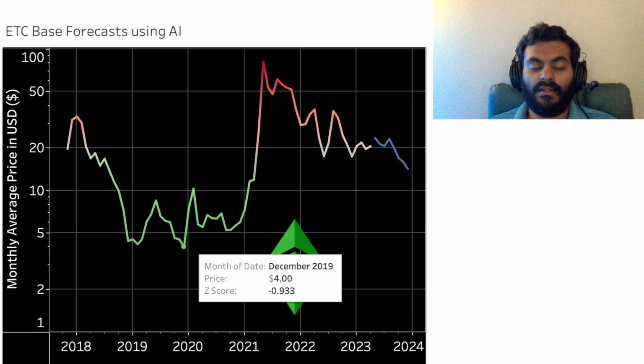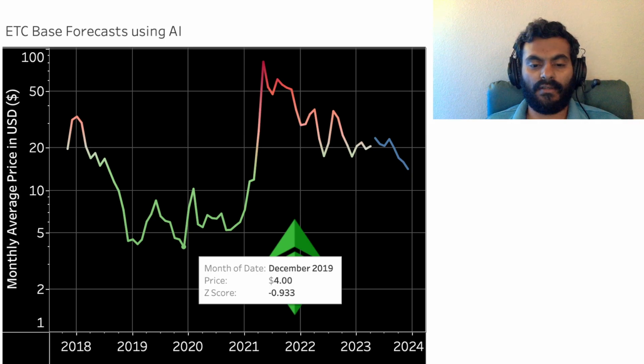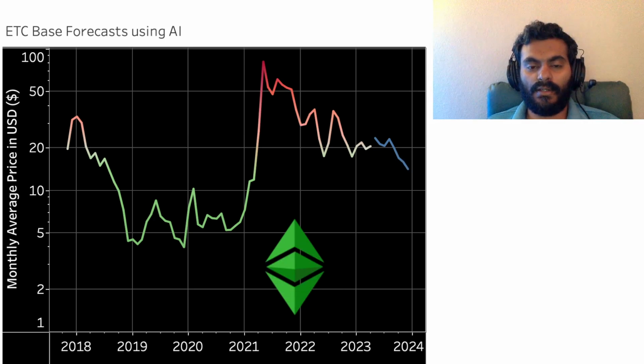That means the price was 0.94 standard deviation away from the mean, where 19 was the mean and 16 was the standard deviation. That's how the color codes are created, and these values inform us how the forecasts would be in a bullish scenario or in a recession scenario.